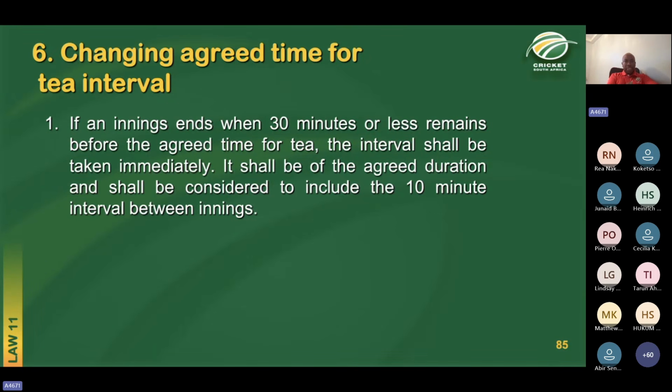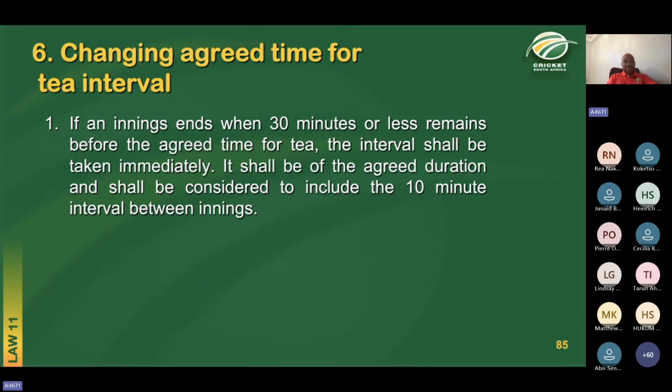Let me give you an example to illustrate this point. So, Test match in South Africa against India. Tea is scheduled for 14:40. South Africa is all out on day 2 at 14:20. That is 20 minutes before the agreed time for tea. What happens next?